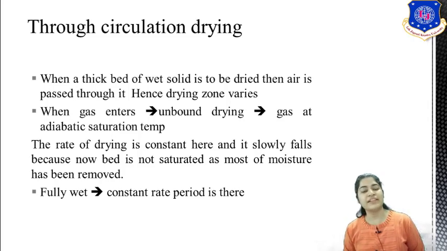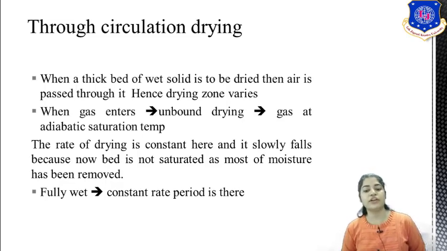When the gas enters through the thickness of the solid, unbound drying occurs. Unbound means your solid is saturated with liquid. The gas at that time would be at its adiabatic saturation temperature, which shows the maximum amount of drying that can occur.